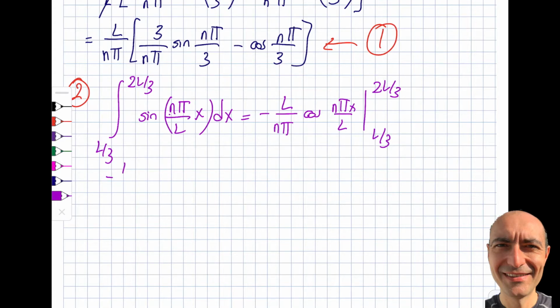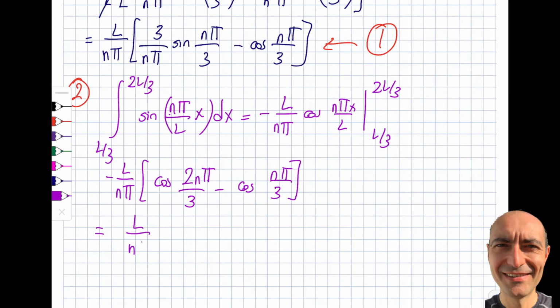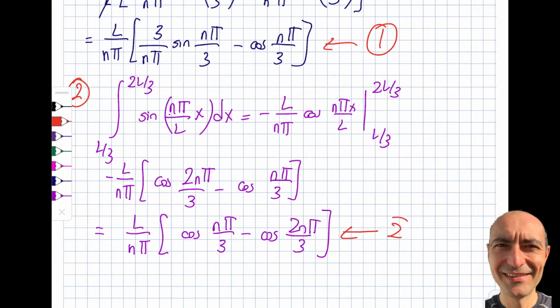So then minus L by n pi, and in brackets will be cosine 2n pi by 3, minus cosine of, well, this time it will be n pi by 3, right? I just want to rewrite this as L by n pi, cosine of n pi by 3 minus cosine of 2n pi by 3. Okay, so this is going to be the 2.